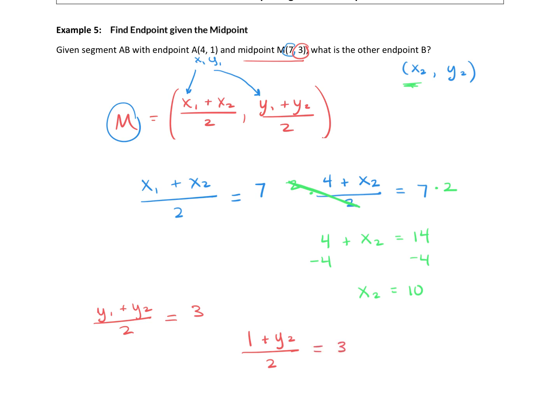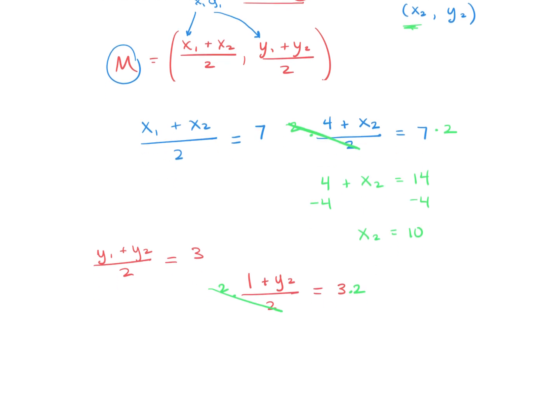All right, so same idea. We have a fraction. We're dividing by 2, so let's multiply by 2 on both sides. That gets us out of that fraction in our first step. We'll carry down our 1 plus y2 equals 3 times 2 is 6, and now we solve for y2.